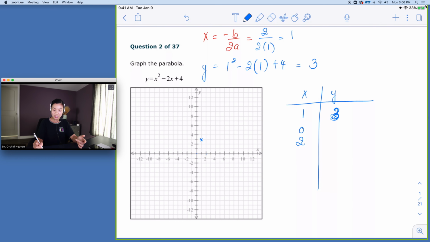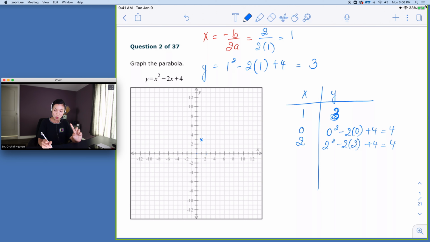If you plug it in, 0 squared minus 2 times 0 plus 4, it's going to give you 4, right? Now, if you put 2, 2 squared minus 2 times 2 plus 4, you should get the same number, which is 4. So we have (0, 4) and (2, 4).